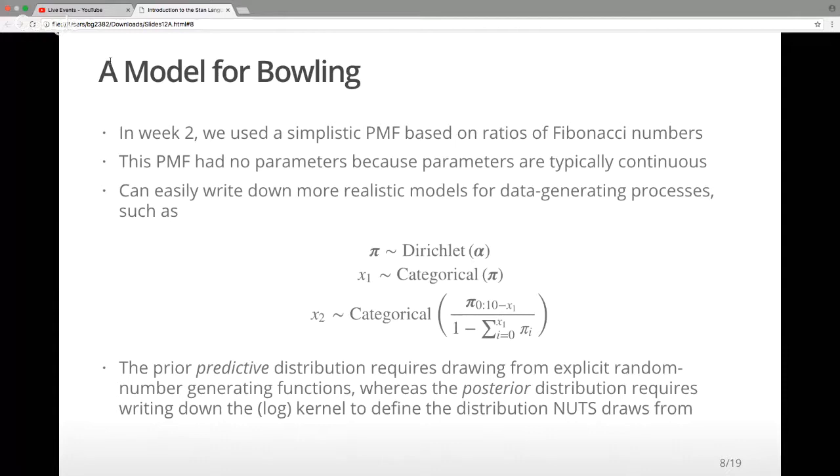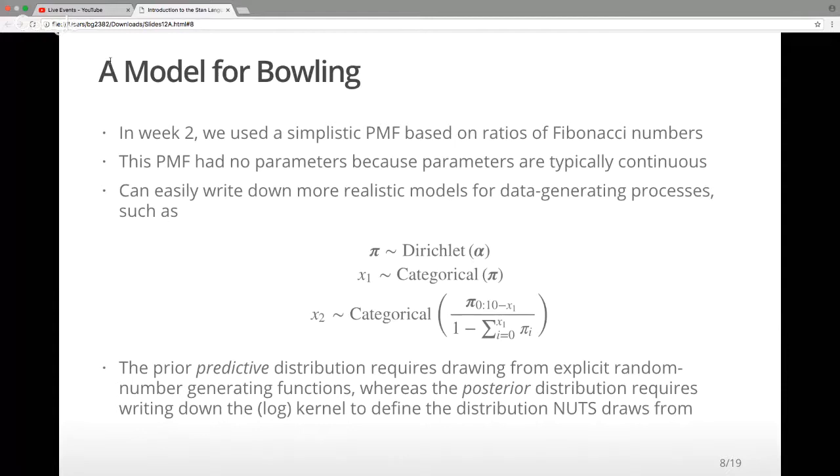And so we're going to take the elements of pi from 0 up to 10 minus x1, which is the number of pins remaining. Since pi sums to 1, the sum of the subset of the first several elements of pi is going to add up to something less than 1.